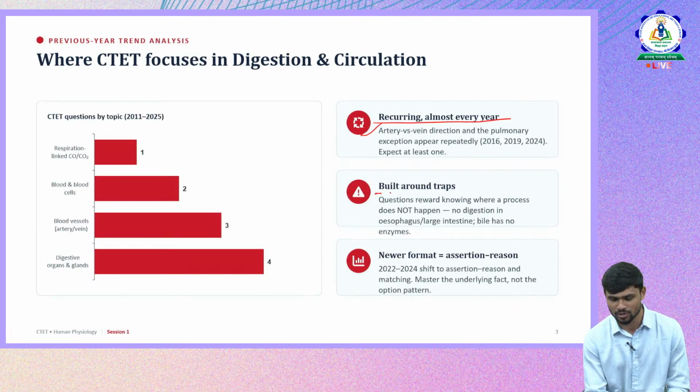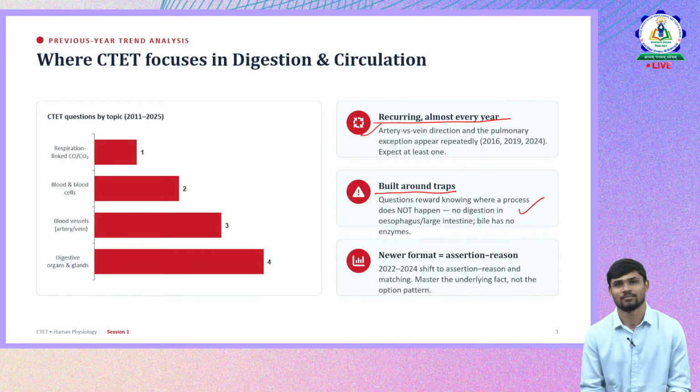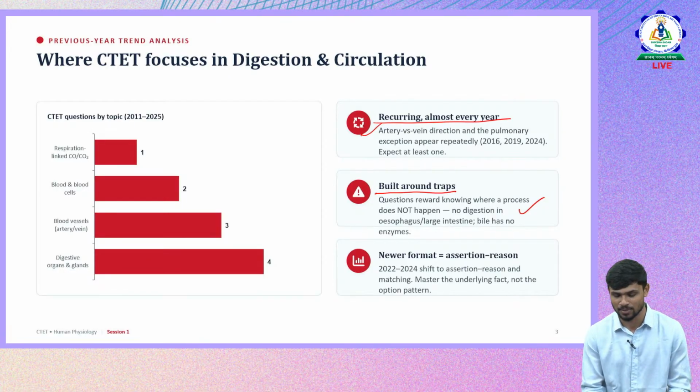Then most of the questions are also built on traps, like where digestion happens and where it doesn't happen. We have the alimentary canal in our body. There are different parts in the alimentary canal, in which some parts digestion happens and in some parts digestion doesn't happen. The questions were from this aspect.